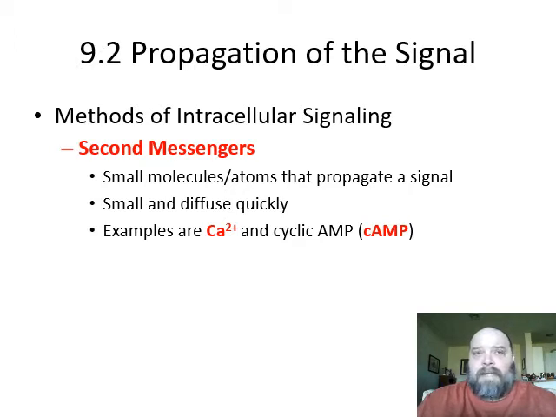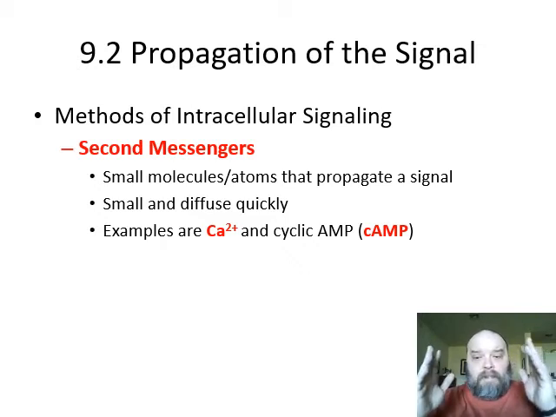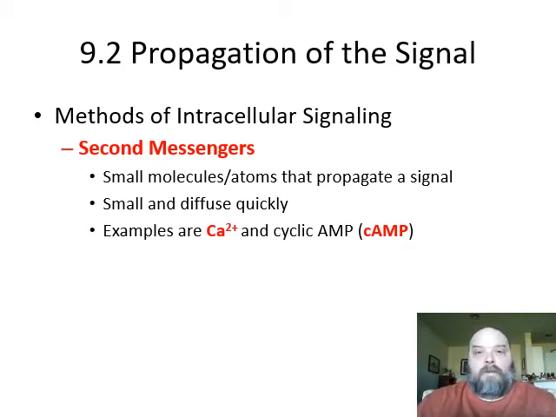So if you need to get something to diffuse through the cell quickly, meaning getting that signal propagated from one side of the cell to the other, instead of a protein that's going to be going relatively slow, find something smaller. Something smaller diffuses quicker. These smaller things we refer to as second messengers. Second messengers are small molecules or atoms that are small enough to diffuse quickly.